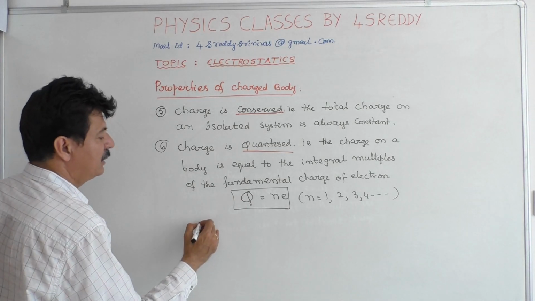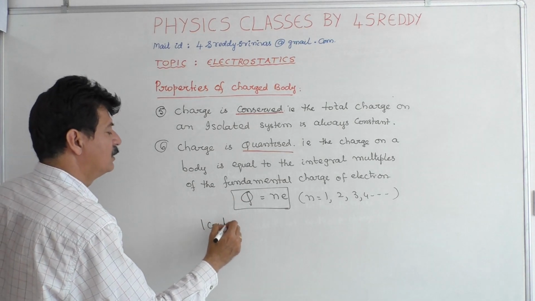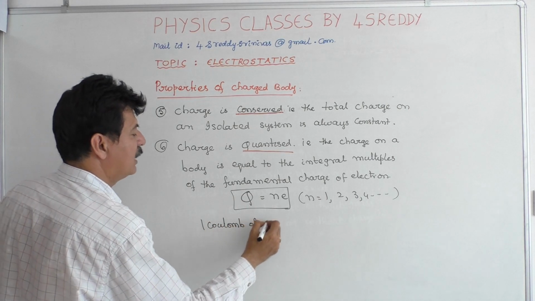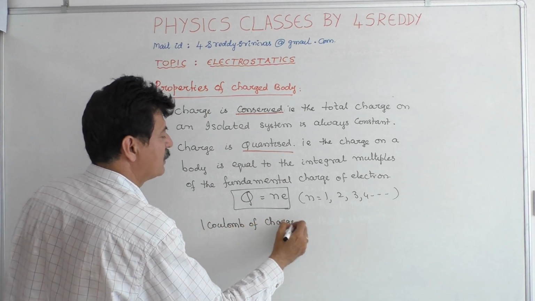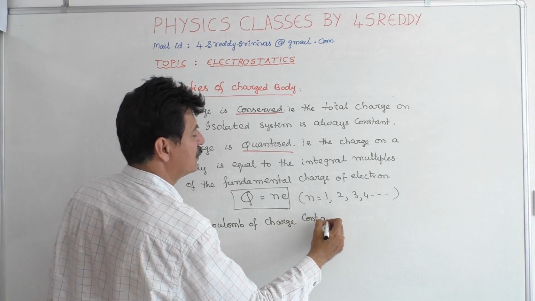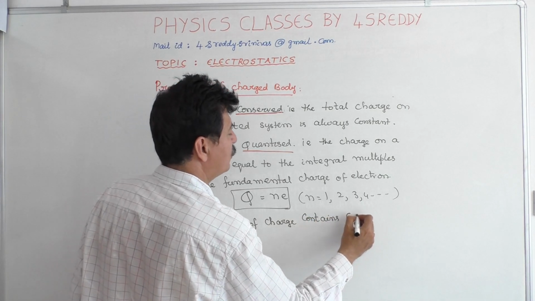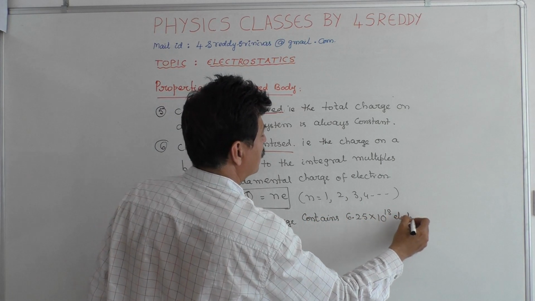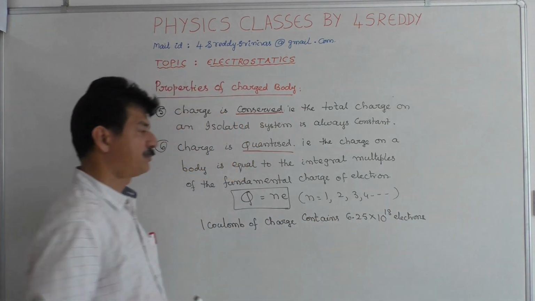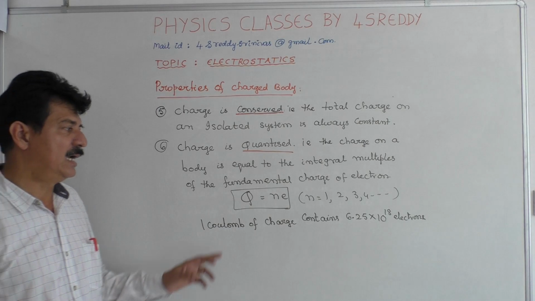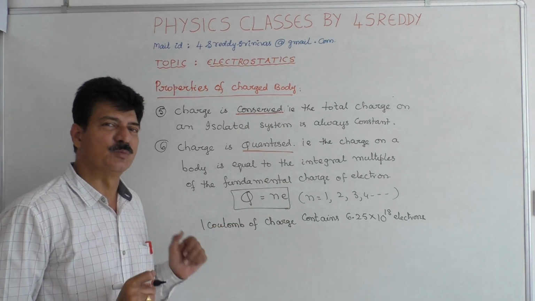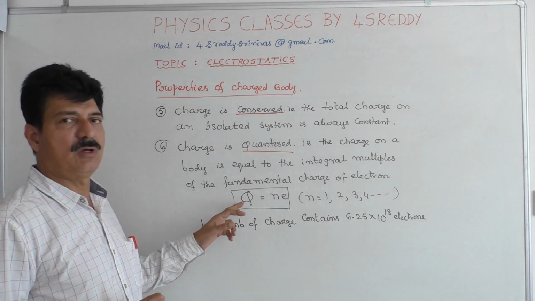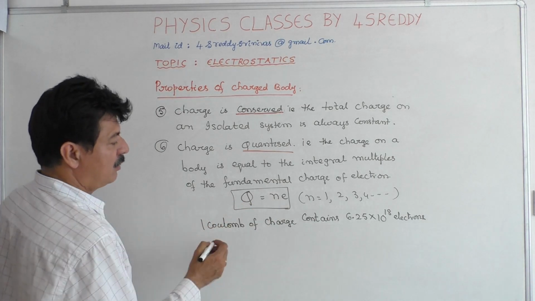And here the point is 1 Coulomb of charge contains 6.25 × 10^18 electrons. Because charge is always expressed in coulombs. Suppose Q equals 1, the charge of the electron is already known.